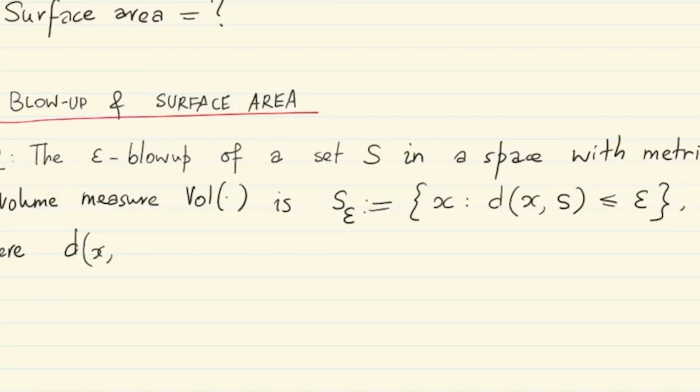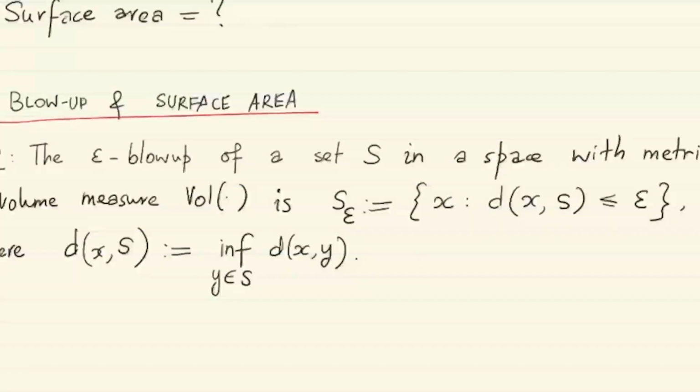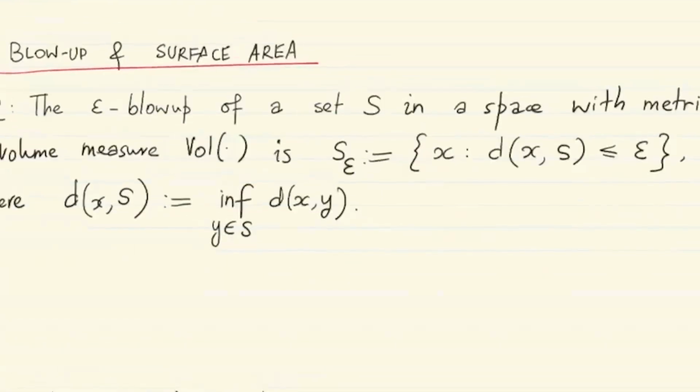D of x comma S is just defined to be the minimum distance of any point in S from x. So S epsilon is essentially capturing the set of all points which are at a distance of at most epsilon from the set S. So it's the set S with a small expansion, if you will.